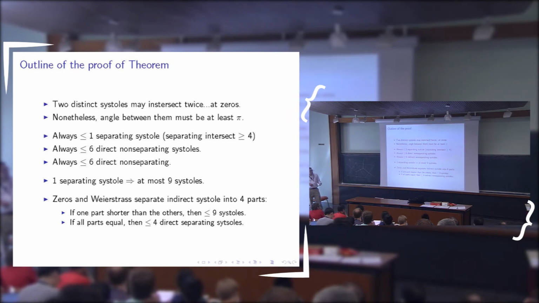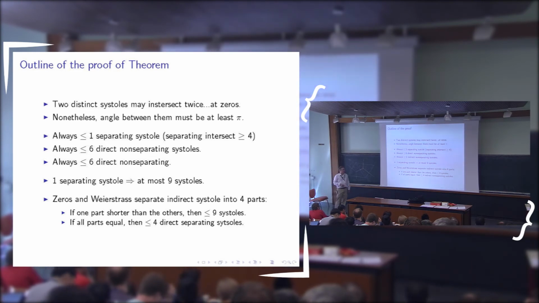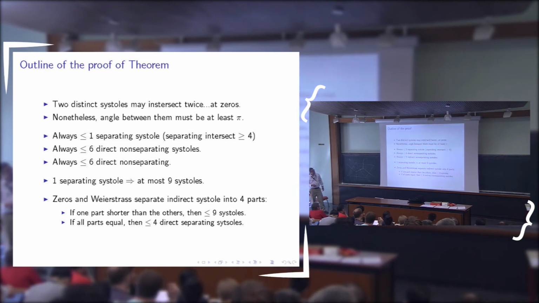And you can show that. Otherwise, all the parts have to be equal. They all have to come in equal ratios. And then by using an angle argument, the amount of angle at each 4 pi cone point, you can show there's at most 4 indirect non-separating systoles. And then so you have at most 4 here, 4 plus 6 is 10. So that's sort of the thumbnail sketch of the argument. Okay.